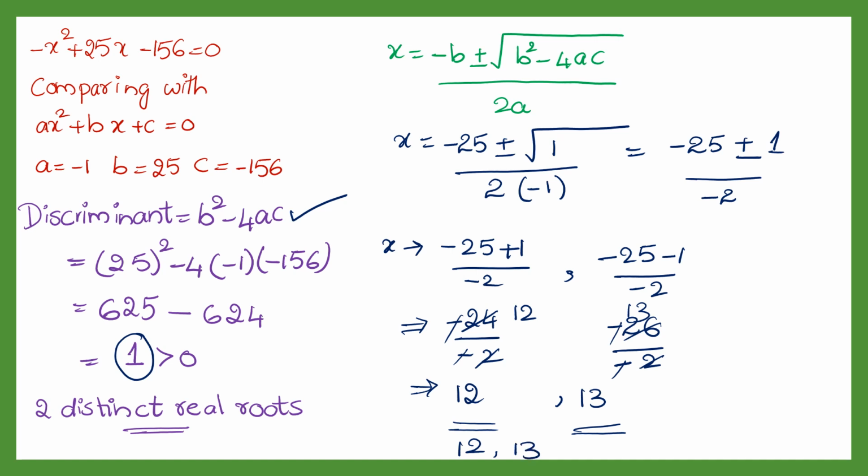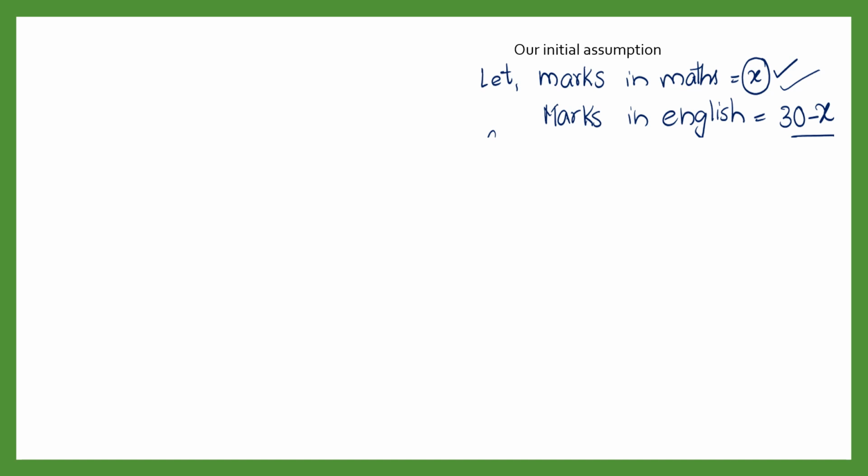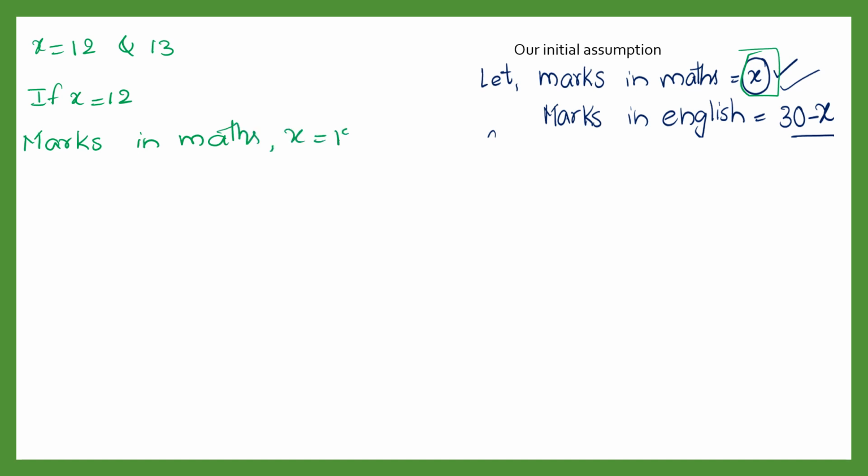Now, we got two values for x: x is equal to 12 and x is equal to 13. See, if we assume the root x is equal to 12, x is marks in maths. So marks in maths will be 12.